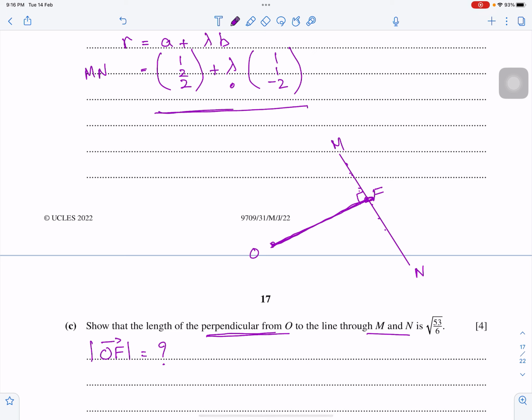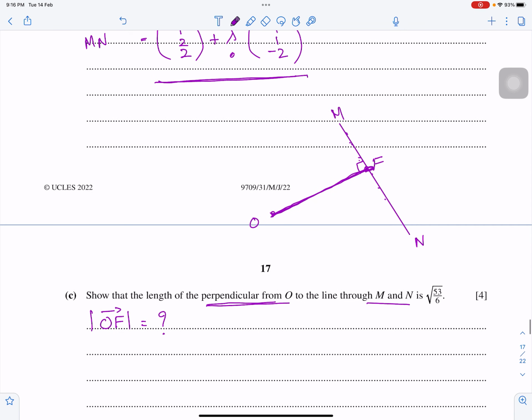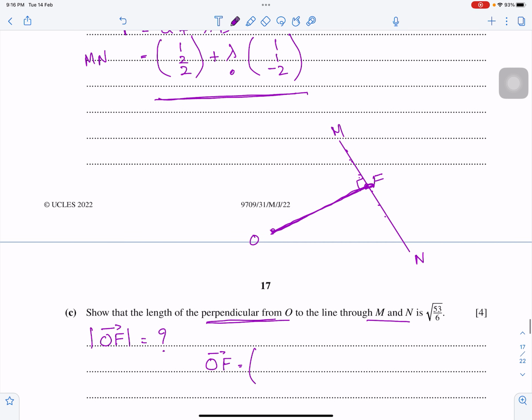So I can use this equation for OF. Let me write here: line OF will be 1 plus lambda, 2 plus lambda, 2 minus 2 lambda. This I have written in XYZ form.